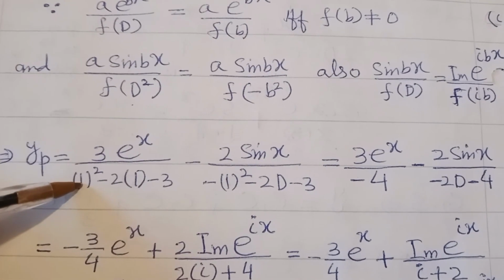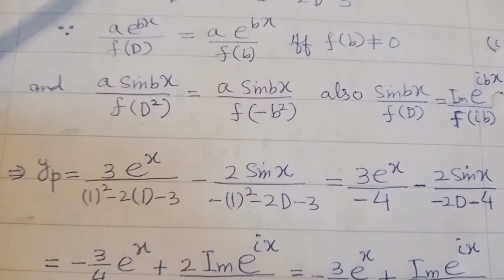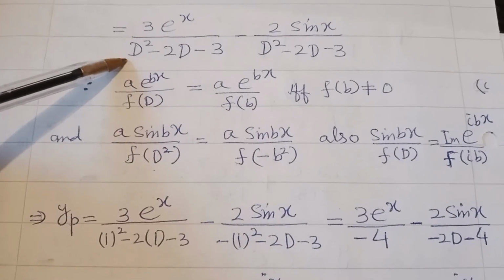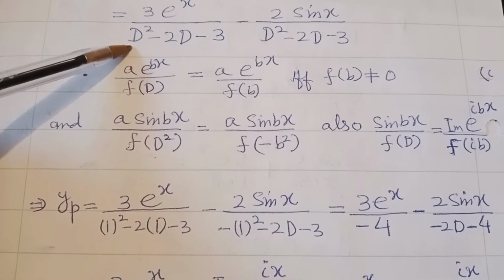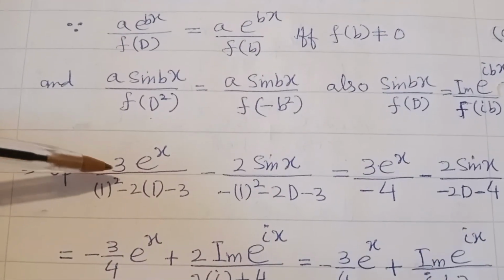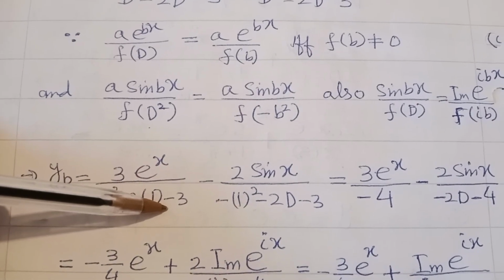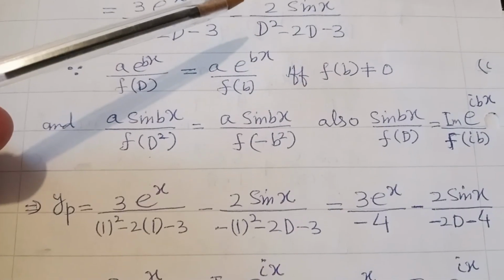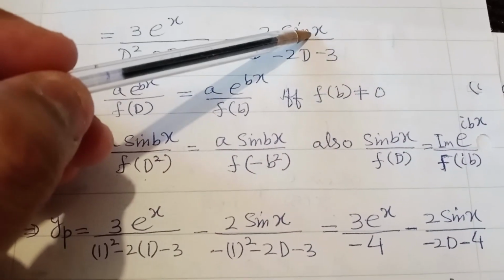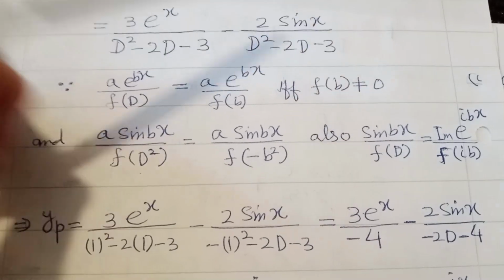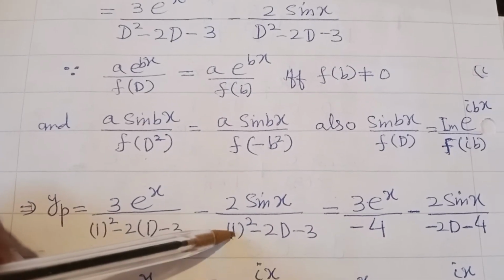So we substitute b for D. In our question we have D² − 2D − 3, so here we substitute the value of b, that is 1: 1² − 2(1) − 3. And in the second part we have the coefficient of x in the angle of the sine, that is b. Here the value is 1, so we substitute b = 1 also.